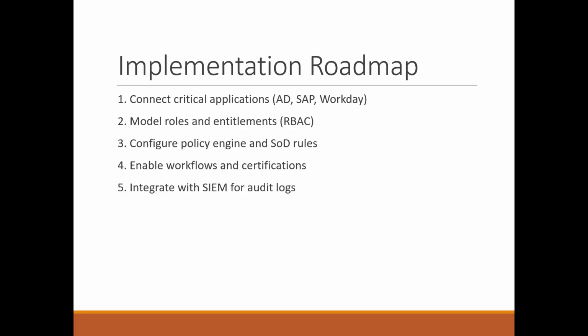Whenever they implement these applications for SOX compliance, they will implement RBAC or ABAC, attribute based access control, configure the policy engine, define the SOD policies, and in the same way implement the workflows and certifications also.